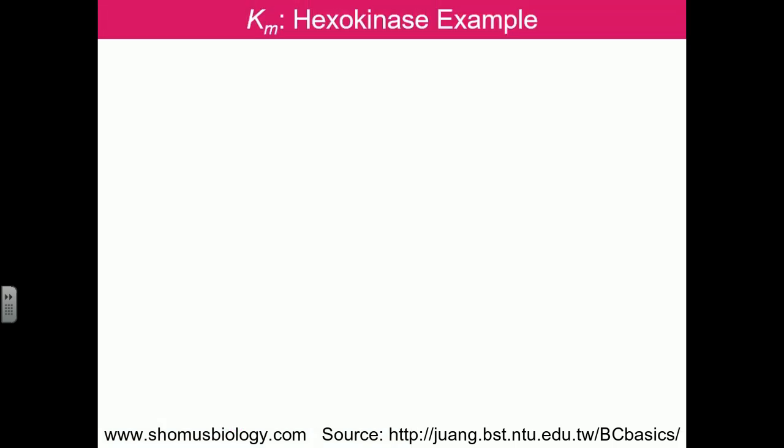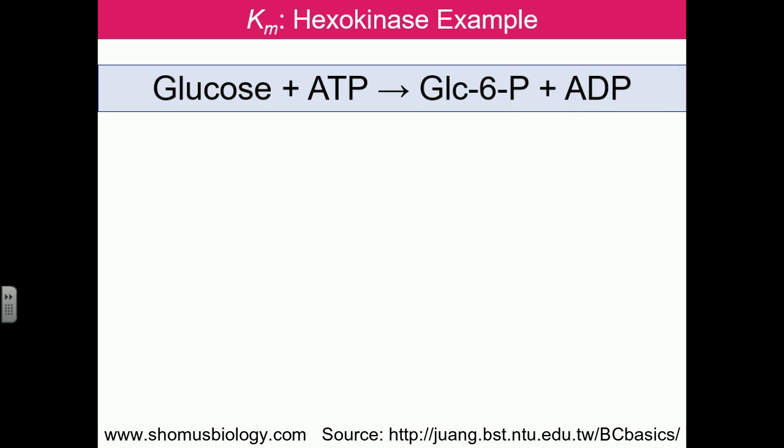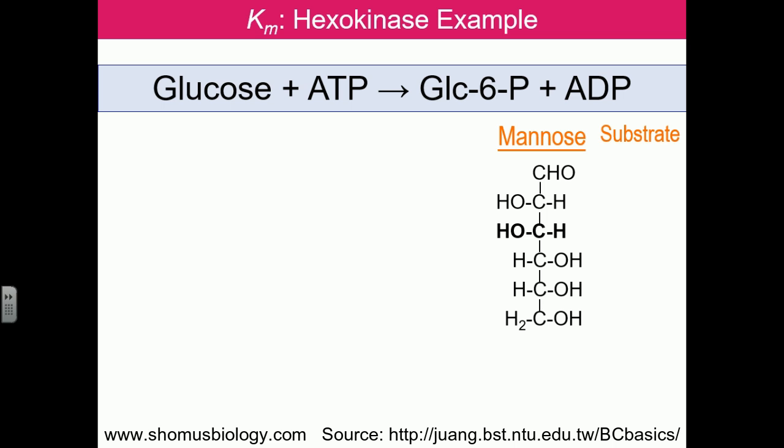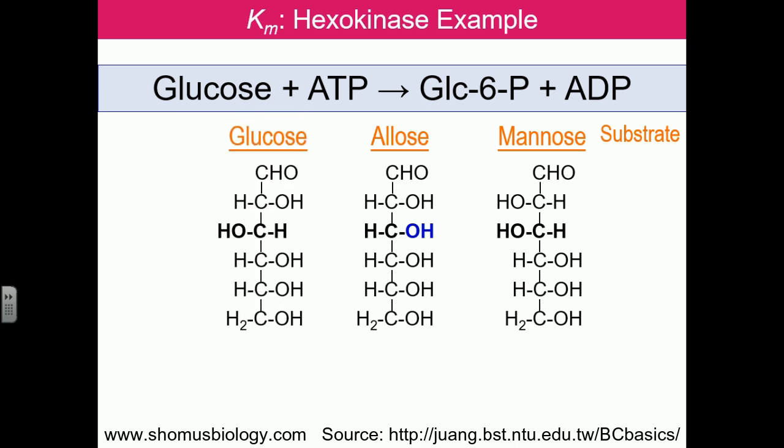Now let's look at an example to describe Km, that is hexokinase, an enzyme that creates glucose 6-phosphate from glucose. It utilizes ATP and transfers a phosphate group to the glucose at the 6th carbon position. In this case, hexokinase can act on multiple carbohydrates.